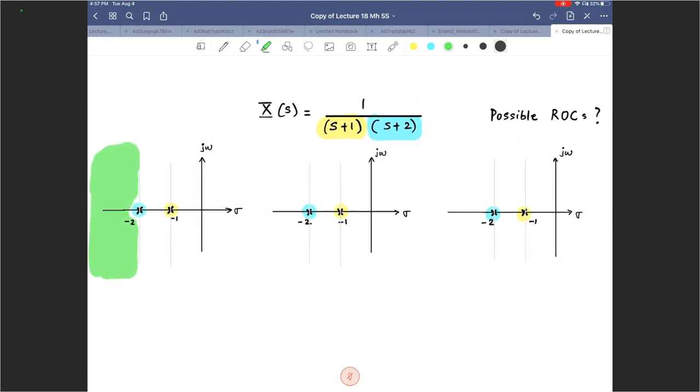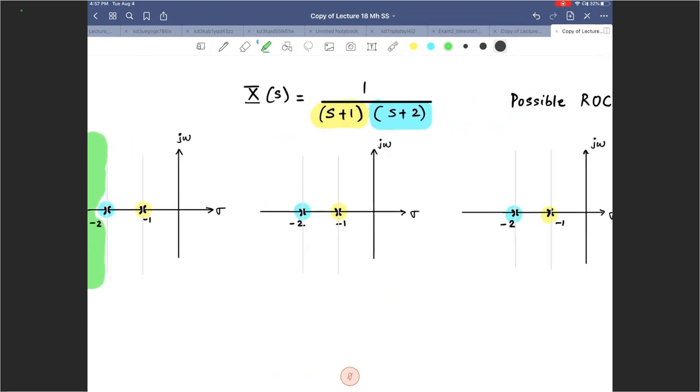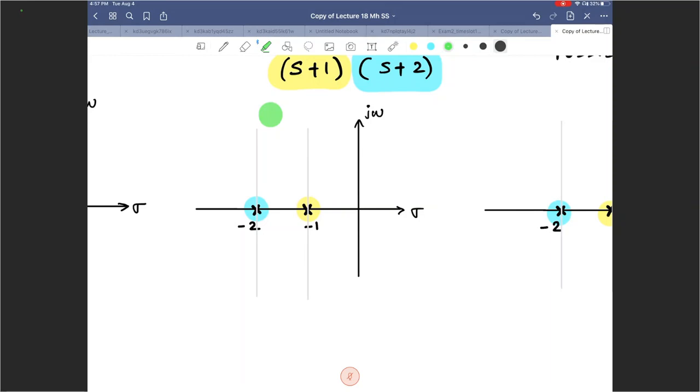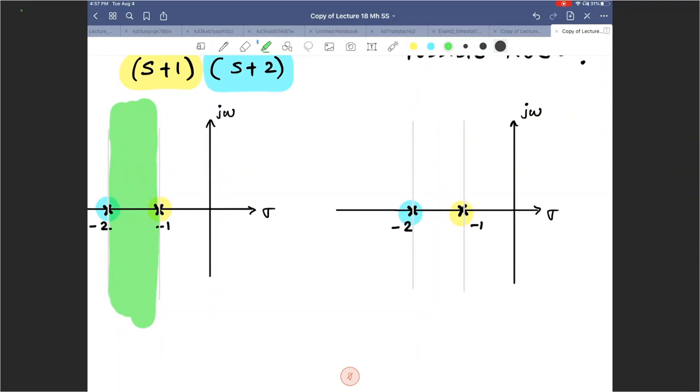And for the second case, it's going to be a vertical strip. So that would mean that the signal in time domain is a two-sided signal. Now notice I'm trying very hard to exclude the poles here. So vertical strip there, and the last one is going to be everything to the right of the rightmost pole, extending towards infinity.